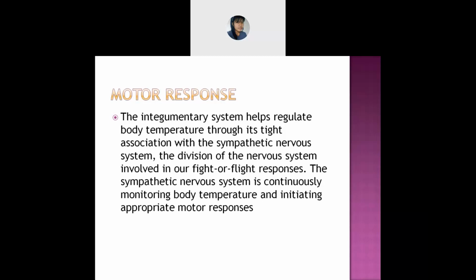It also helps in monitoring body temperature, which we discussed, and in all the daily activities you do. We have already discussed this in the nervous system, so I won't discuss it much. Is it clear? Yes, ma'am.